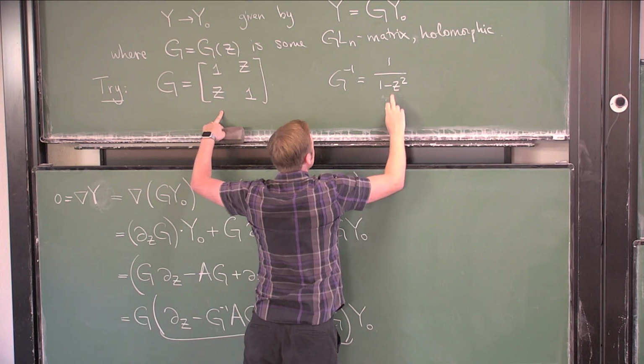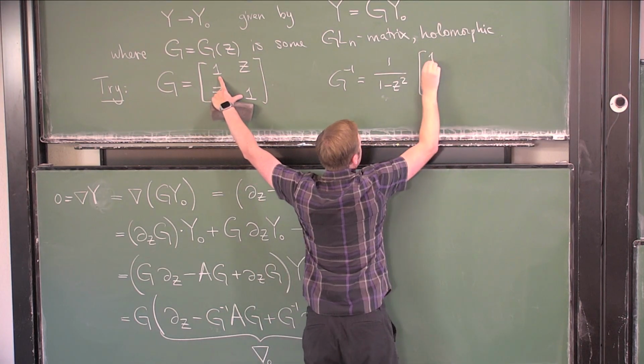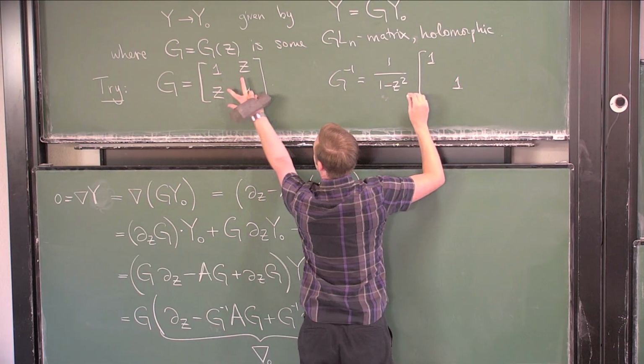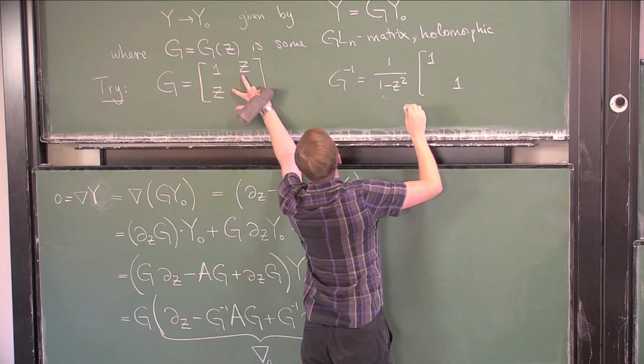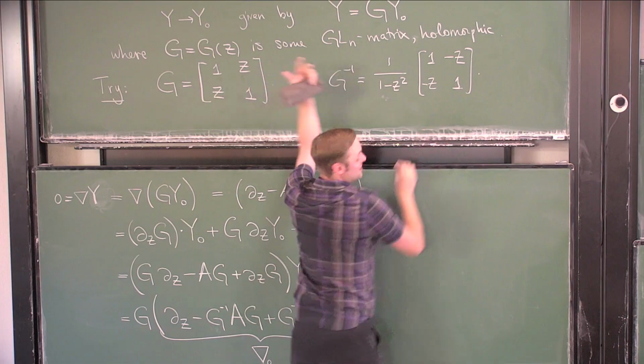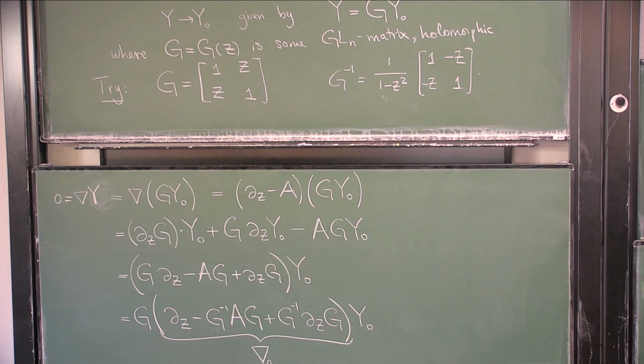That's the determinant of G. Times you keep the diagonals, and then you swap these two, which are the same, and multiply them by a minus. That's the quick and dirty way. Right, okay, so just try your hand at this calculation.